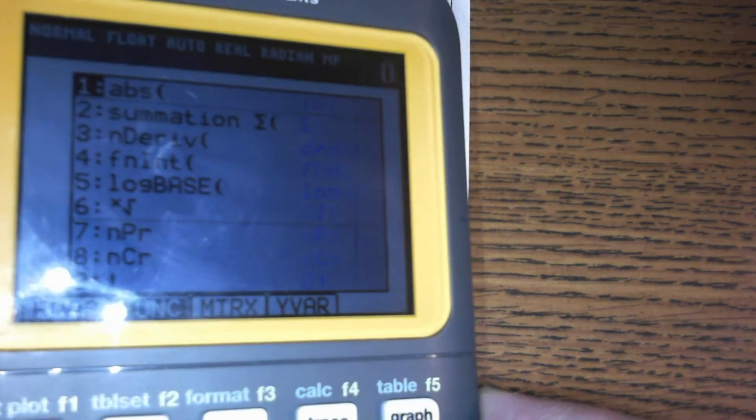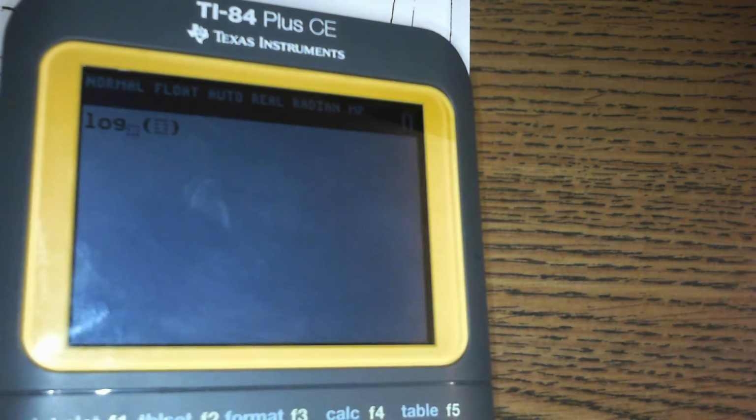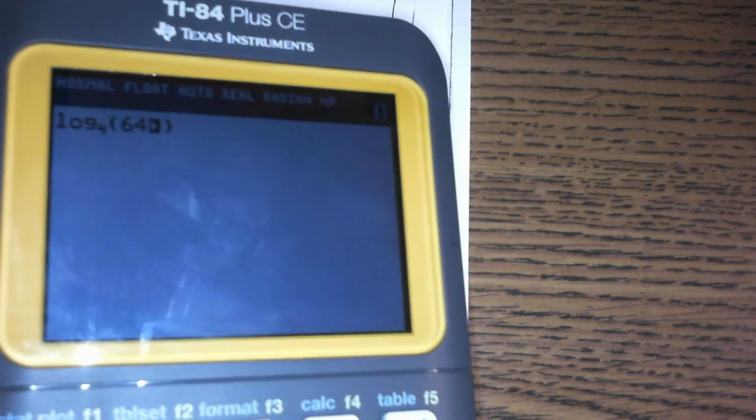But if your calculators are not in test mode, which your own personal calculator should not be, but if you're using one of these every day, it might be. Alpha y equals, go over to function. Sorry, it's not really showing up great. Option 5 is log base. So if I go down to log base, I can actually plug in log with a base of 4 of 64.